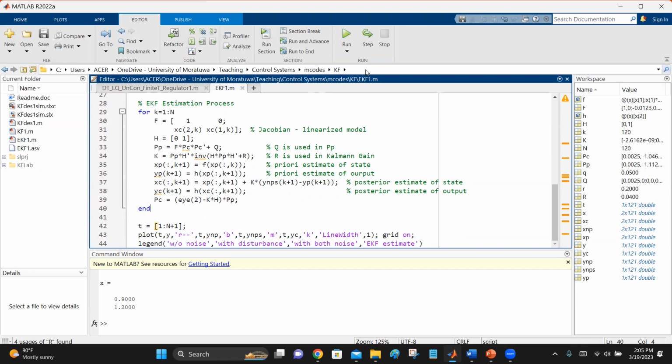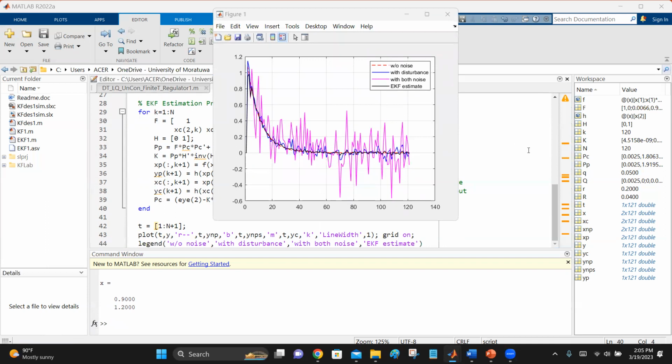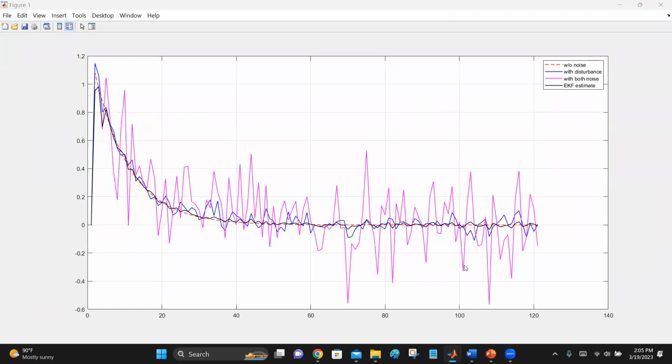So let's see the graphs. So this is it. Right, there you can see, as I explained, we have two states and we only measure the second state, and we start it with 1.2 somewhere here, and it is actually reducing the value and is being multiplied by 0.9, right, starting from 1.2.